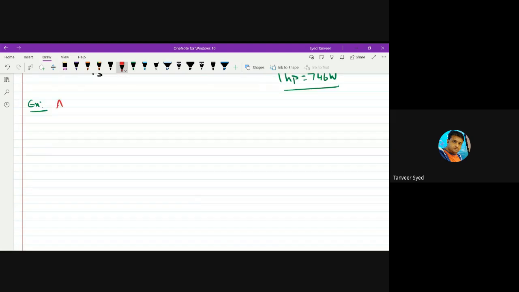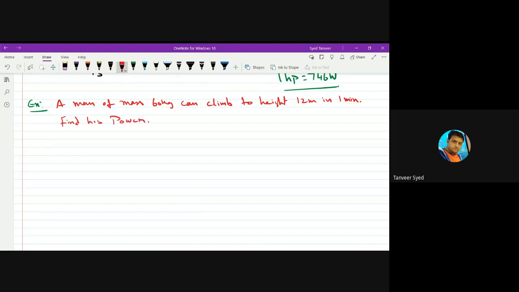A man of mass 60 kg can climb to height 12 meter in 1 minute. Let us say he's climbing a tree or he's climbing over a rope, something. Find his power.